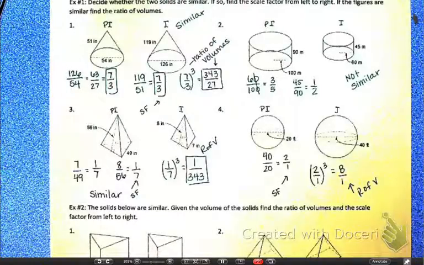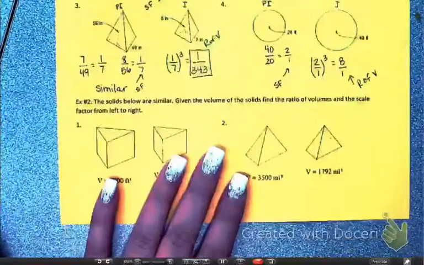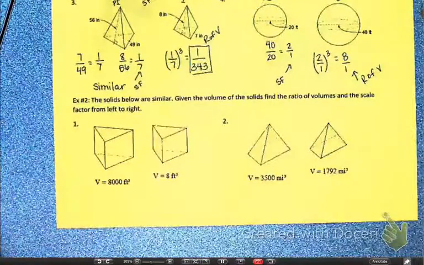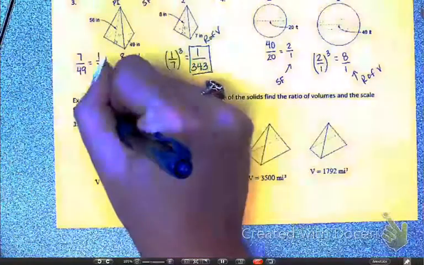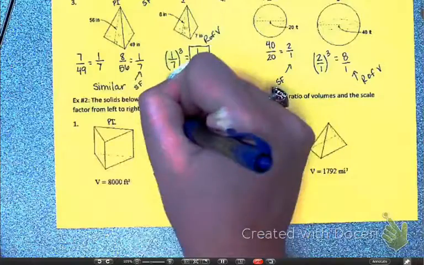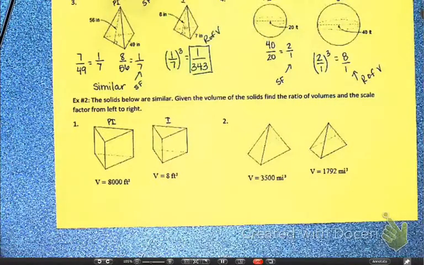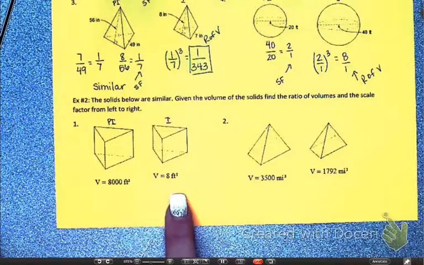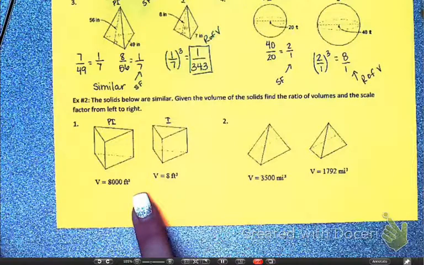All right. So let's look at example number 2. The solids below are similar. So I'm telling you straight off the bat, they're similar. Given the volume of the solids, find the ratio of volumes and the scale factor from left to right. So we're still going to say this is our pre-image and this is our image. So what am I currently given? Volume, right? I want to find ratio of volumes. So what does that mean?